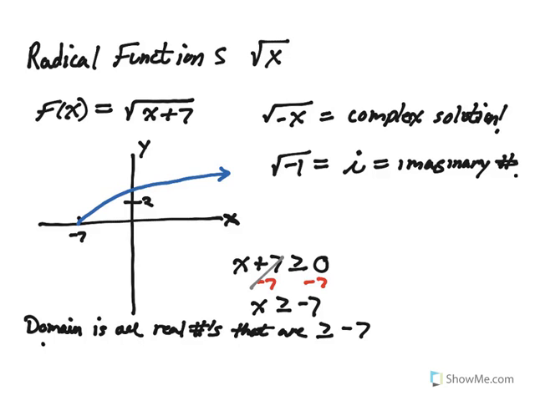Or you can write it in set builder notation. You can say all values x such that x is greater than and equal to -7, okay? And for interval notation, greater than and equal to is going to be a bracket, and it's going to be facing towards the right. And we're going to include -7 all the way to positive infinity. That would be the interval notation for that.